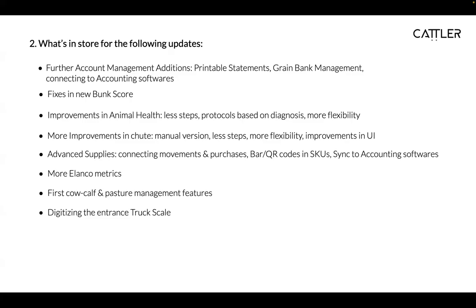We are also working on further improvements to the should section, like having a manual version so that I can just go and do whatever I want, regardless of any order that I have already programmed, like unprogrammed tasks on the should, fewer steps, more flexibility, and some improvements in the UI so that it's more simple, more intuitive. There's a lot of work in that. Making things look simple is not that simple.